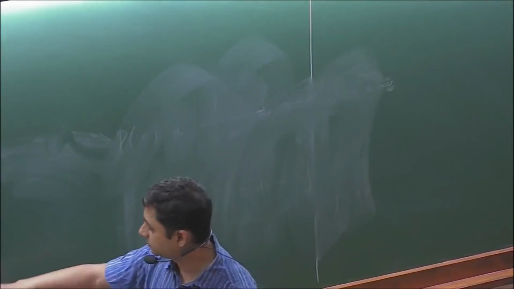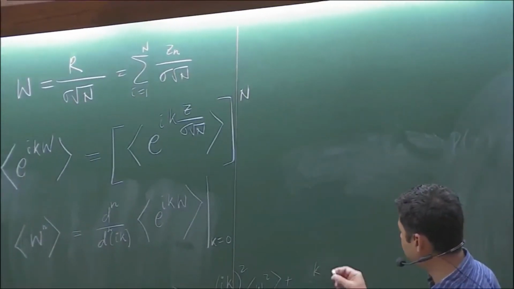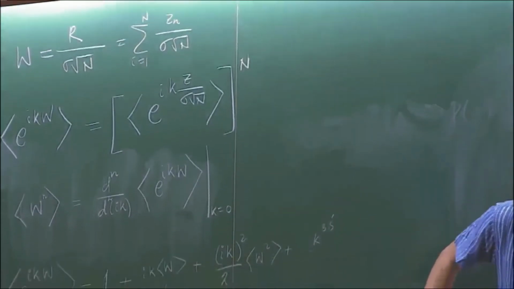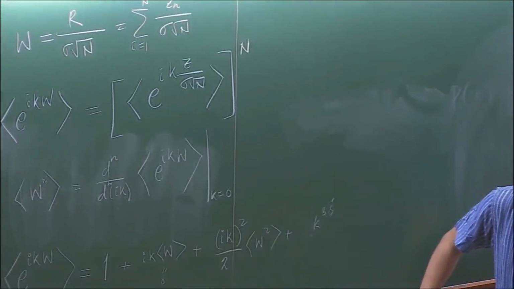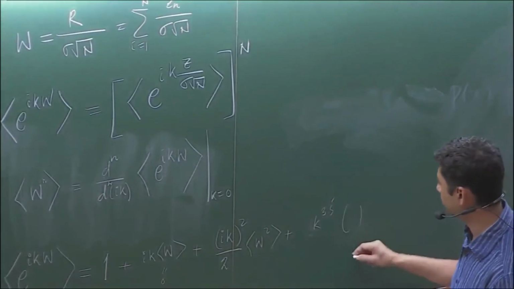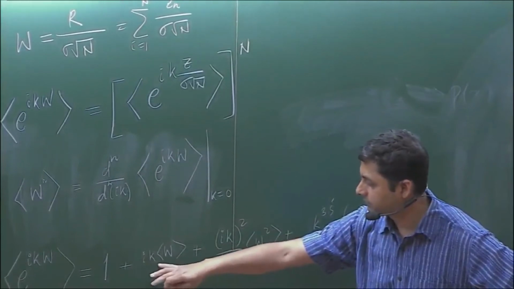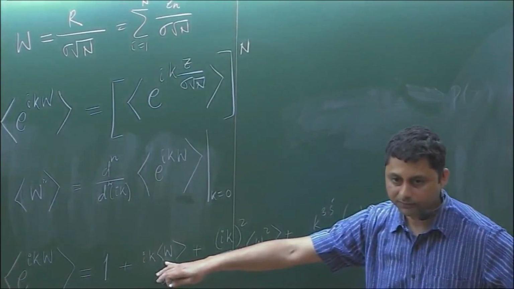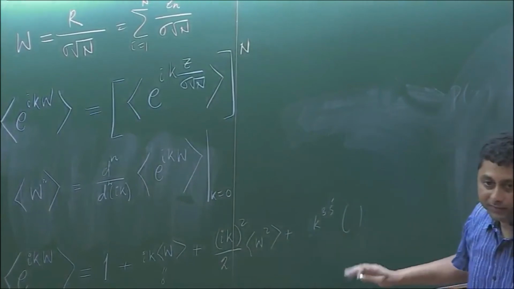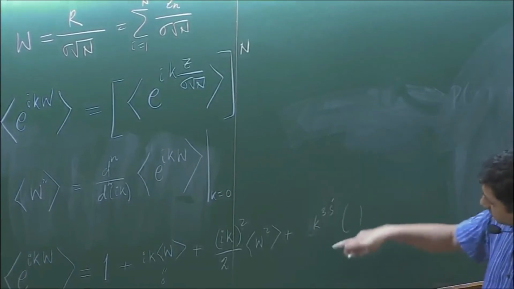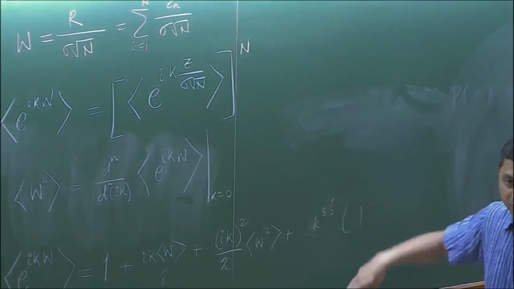So it has to be something like that. If the fourth moment doesn't exist, so what should be the form here? It might be like, for example, k to the power 3.5 times whatever this thing. So you see that, okay, if you take one derivative at k equal to 0, this will give you something. If you take two derivatives, still it's fine. Three derivatives is still fine. If you take four derivatives, 1 over k will go down now, right?